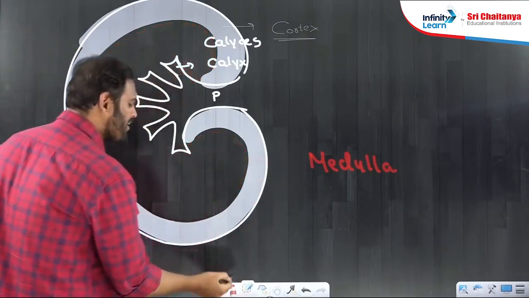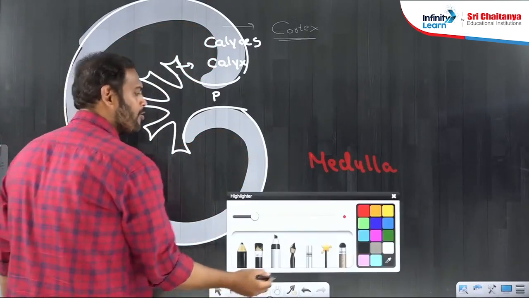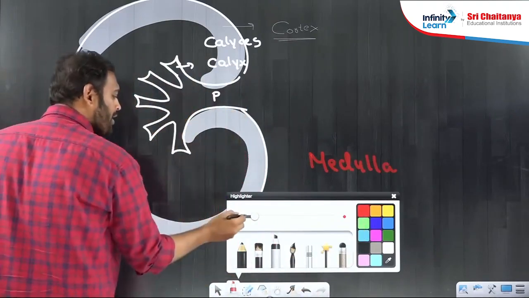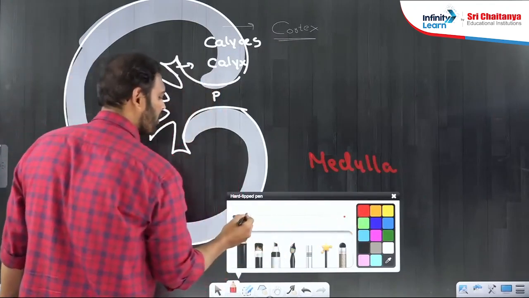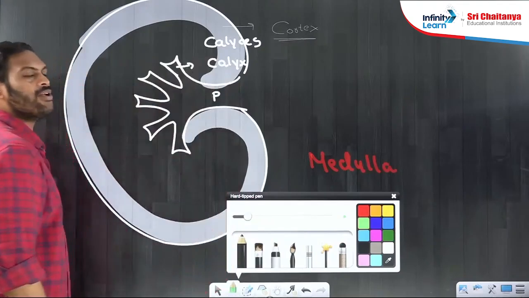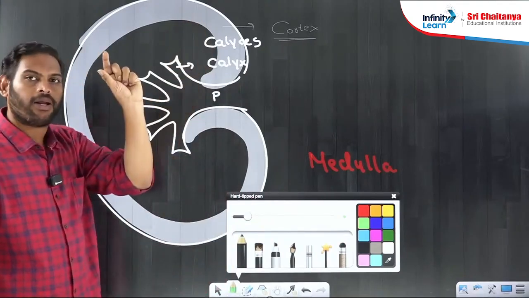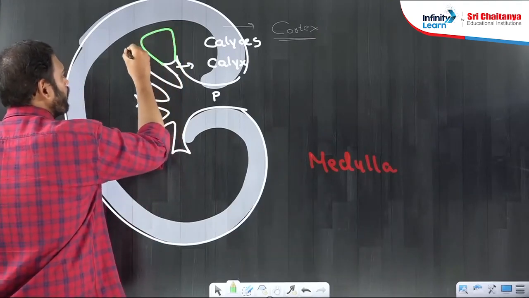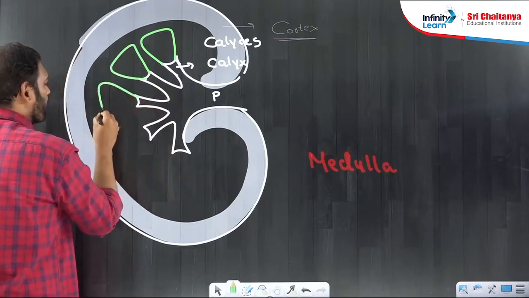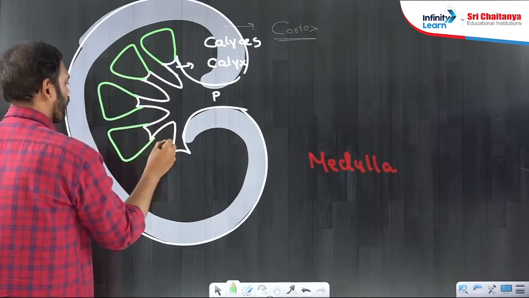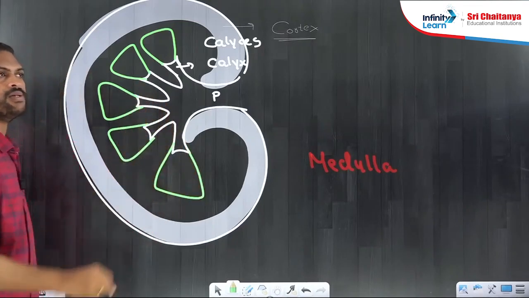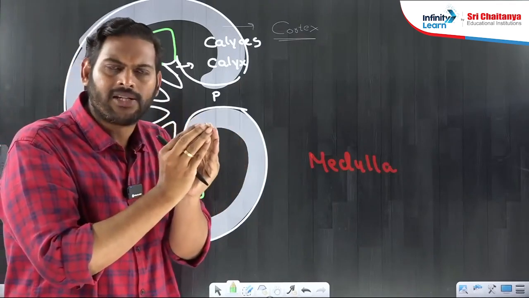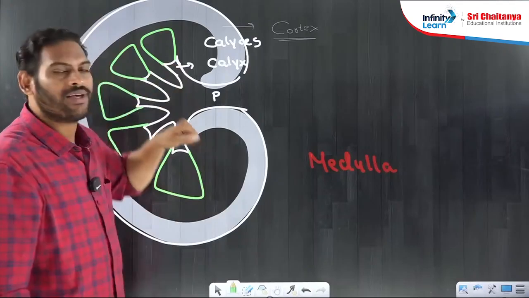In the kidney, the medulla is split into many conical mass-like structures which are attached to the calyces. So the medulla is represented as many small conical masses attached to those calyces.